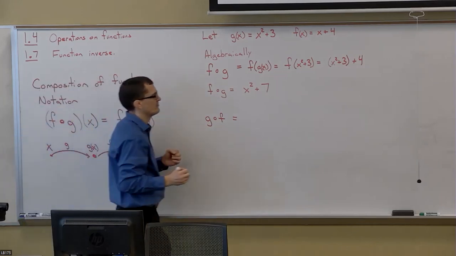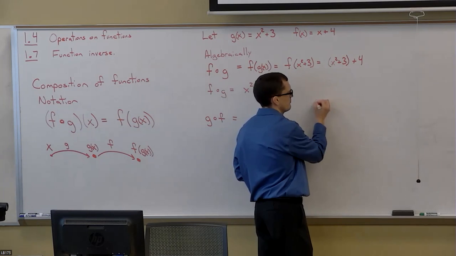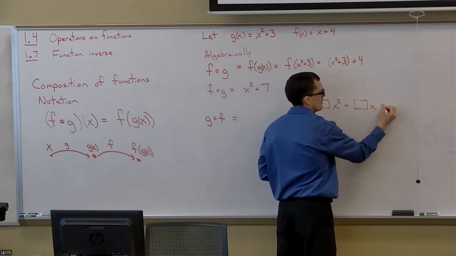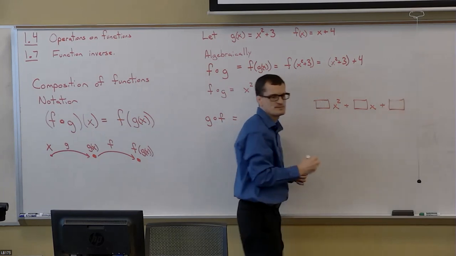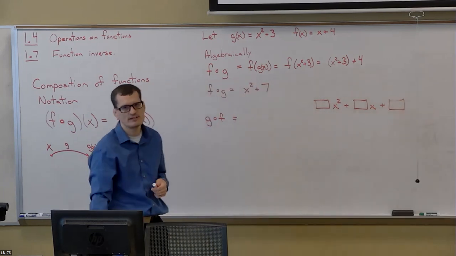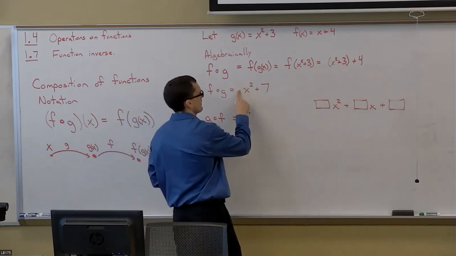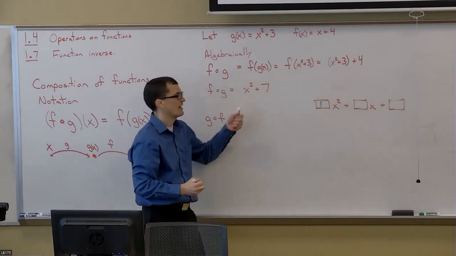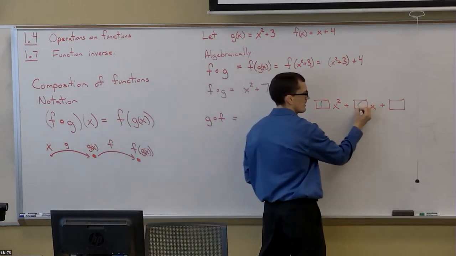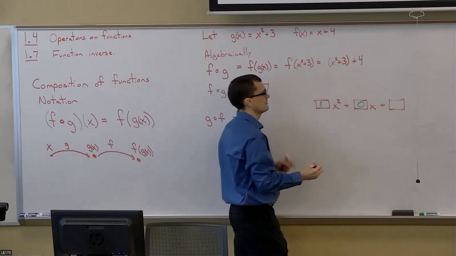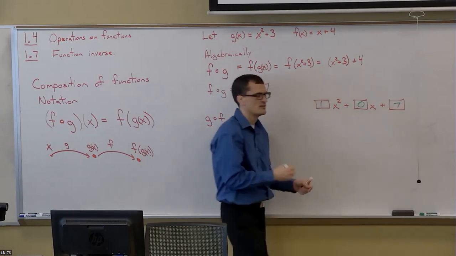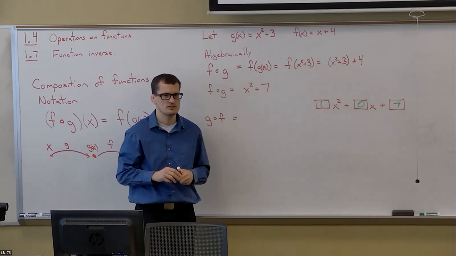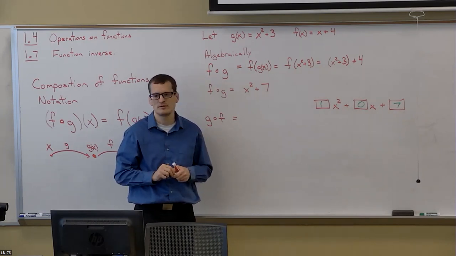By the way, if Moodle has blank x squared plus blank x plus blank, and you're supposed to write your answer in, there's a coefficient of 1 in front of x squared. There's no x term, so we put a 0 there. And the constant is a 7, so you put a 7 there. So if you don't have a term, you put 0 as the coefficient. That makes sense?